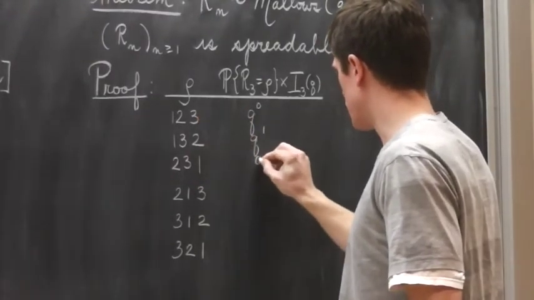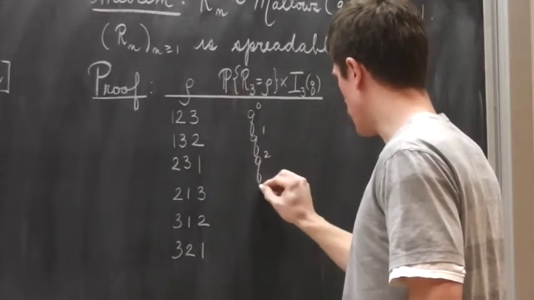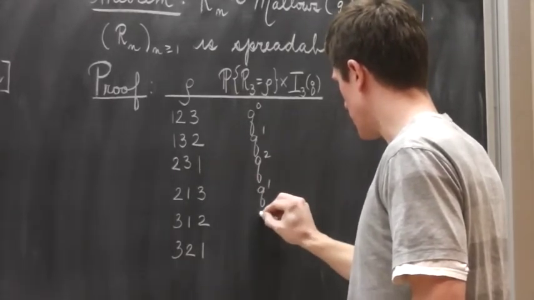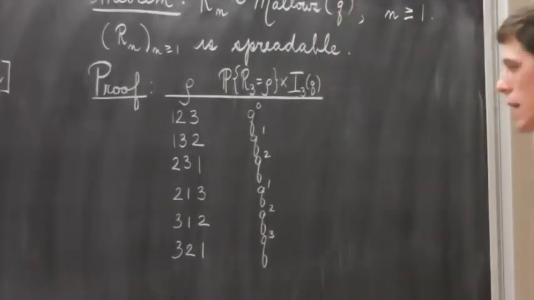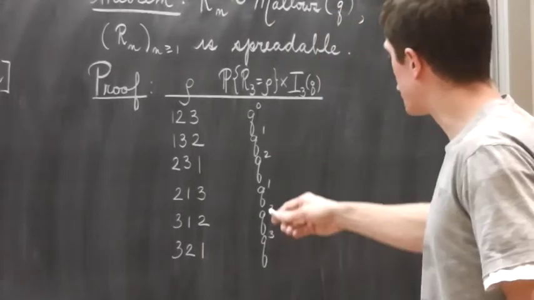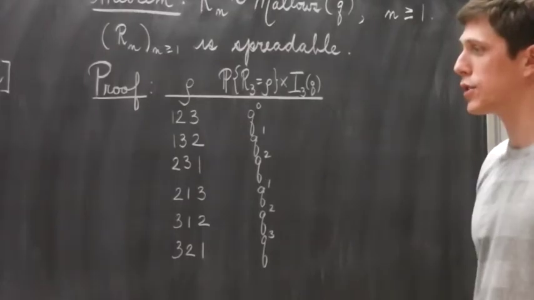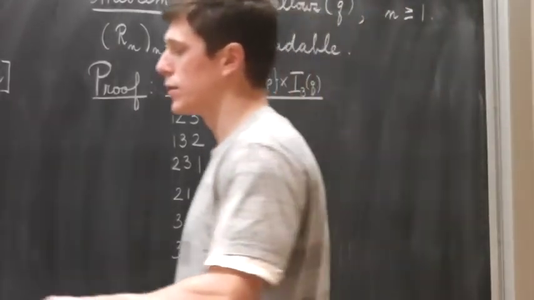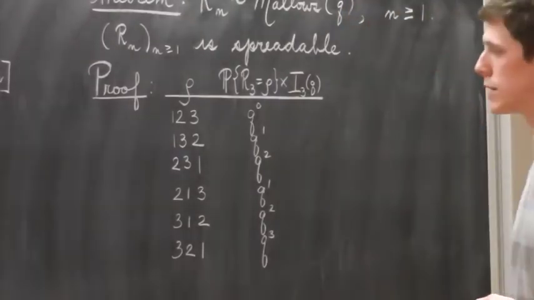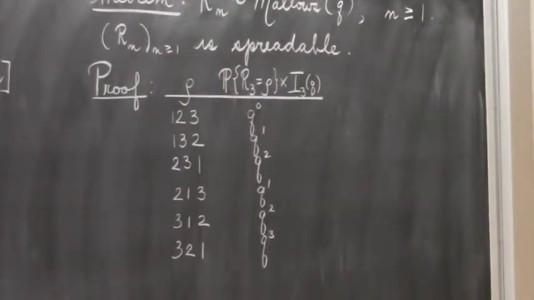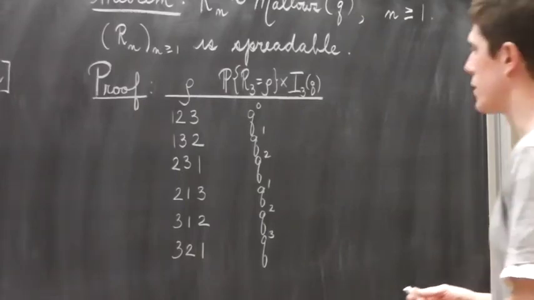There are 2 inversions. This has 1. This has 2, and this has 3. And so what we want is, if we sum up the probabilities that for some specific subsequence correspond to the reduction of a specific ranking, then we want that to correspond to the Mallows distribution on a set of that size.